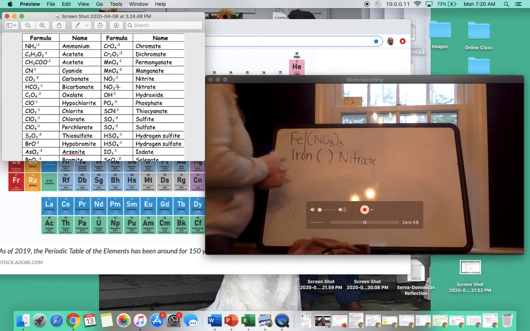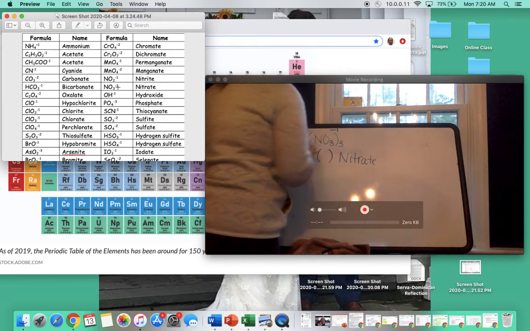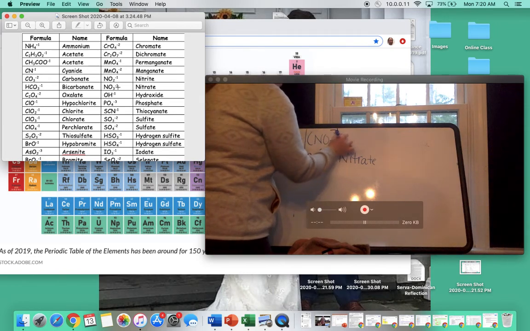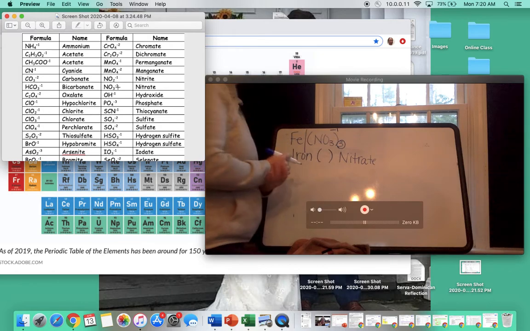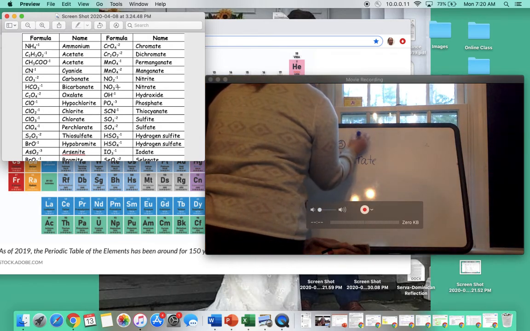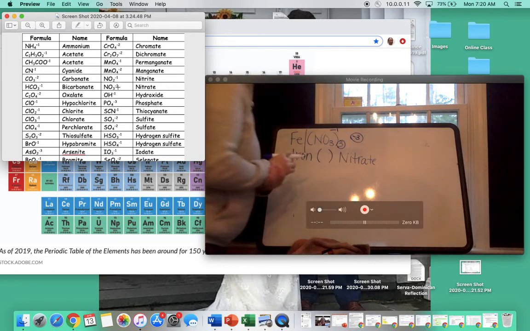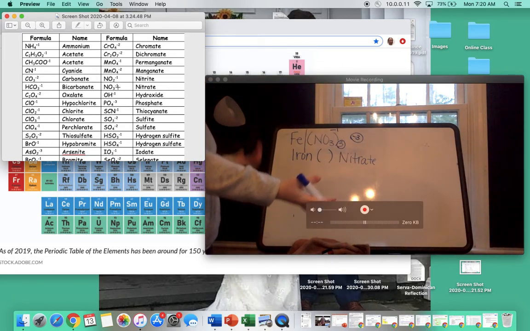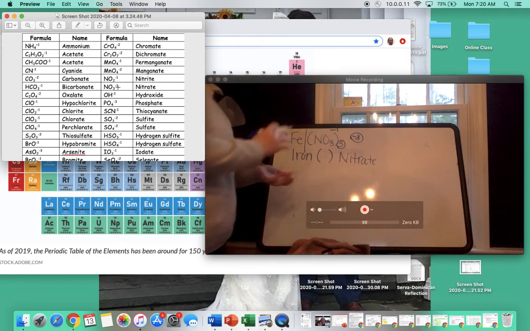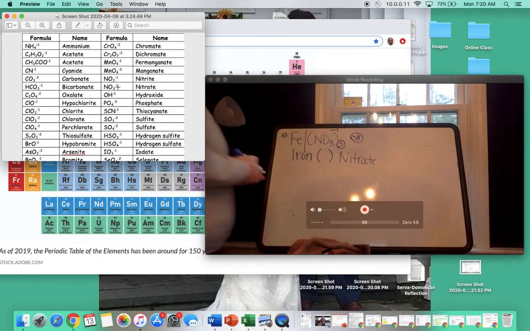We said NO3 had a charge of -1. Now, how many NO3s are there? There are 3 of them. So -1 times 3 is -3. If the right side is -3, the left side must balance it out and be a +3. The left and the right must equal each other, okay?